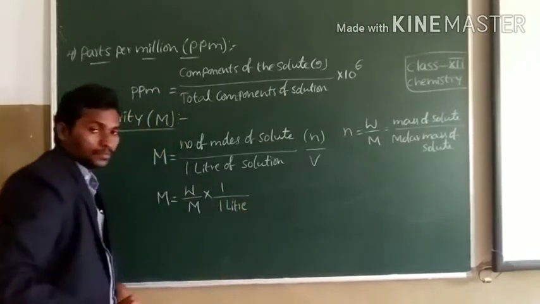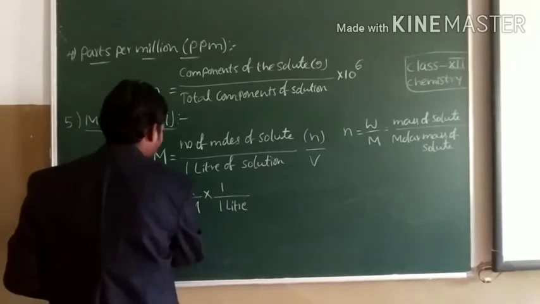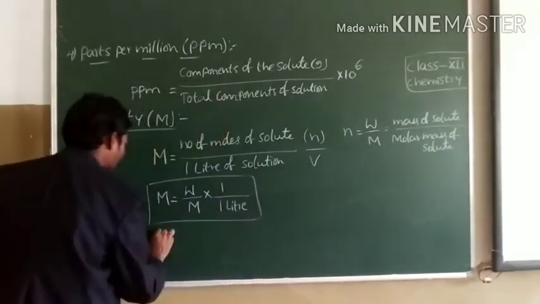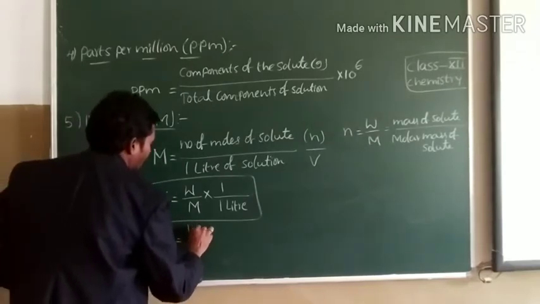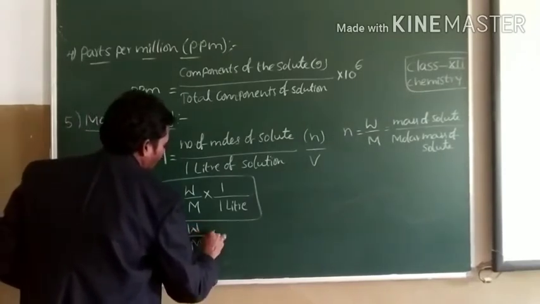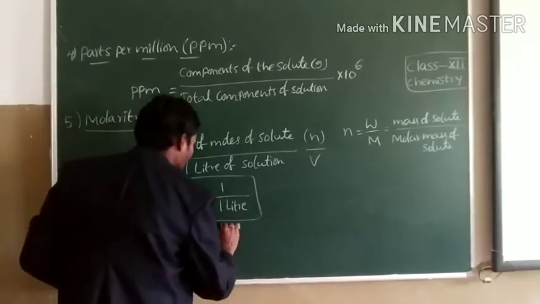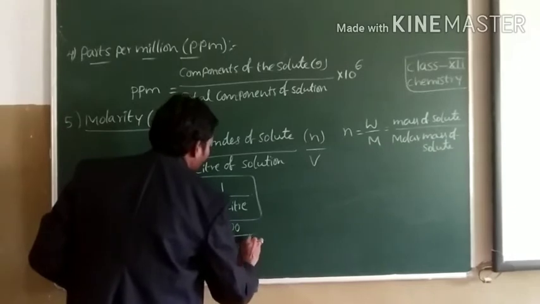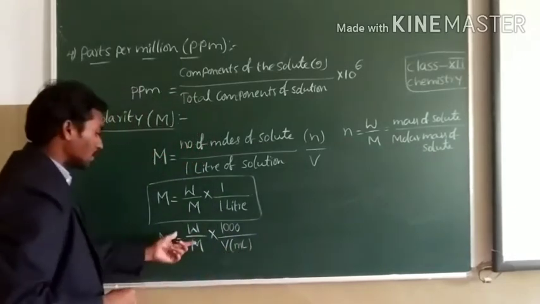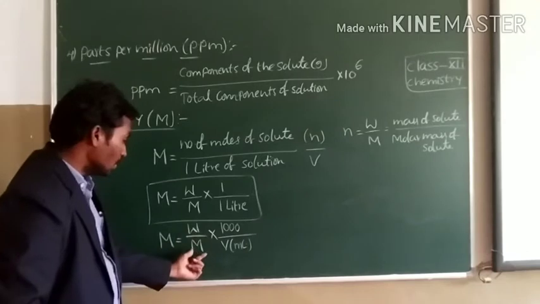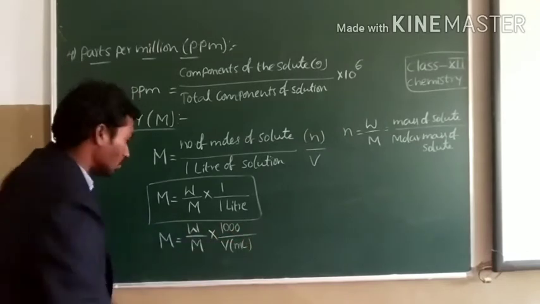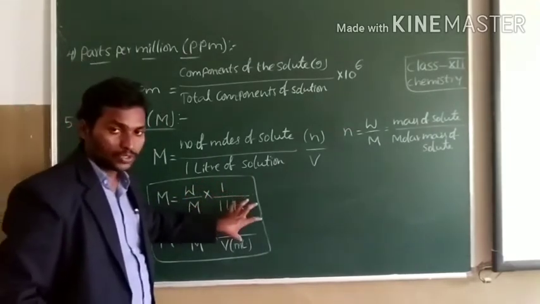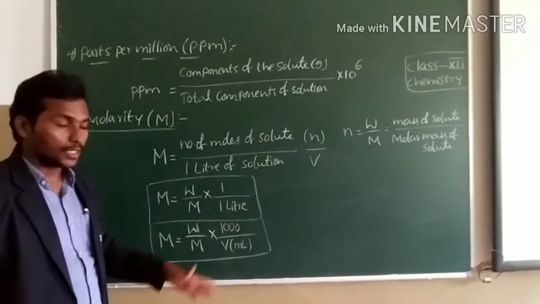Or we can write weight by molecular weight into 1000 by volume in ml. In case of milliliters, you write weight by molar mass into 1000 by volume in ml. So these formulas are used to find the molarity of given substances.